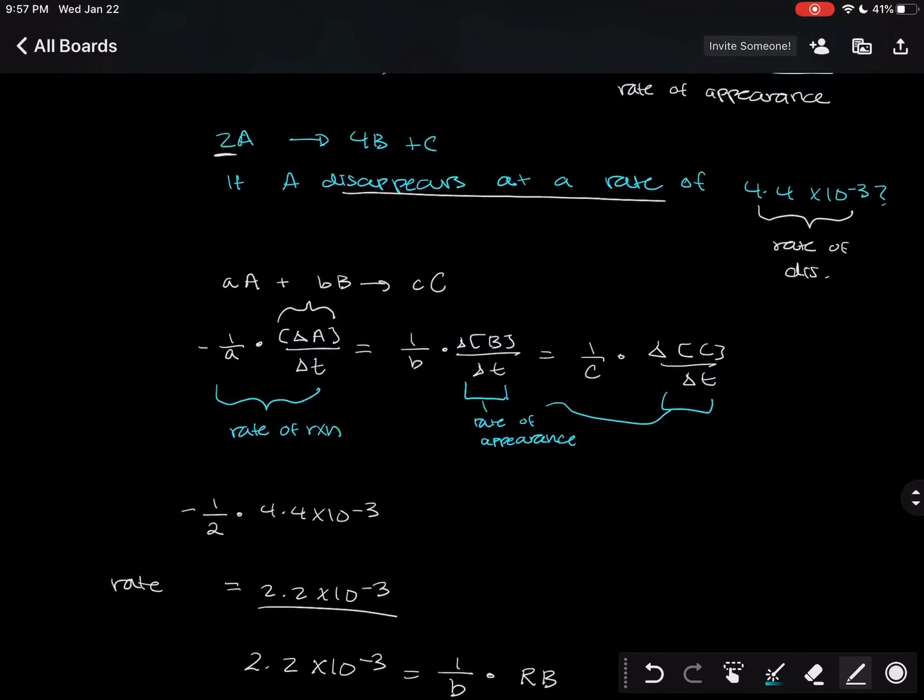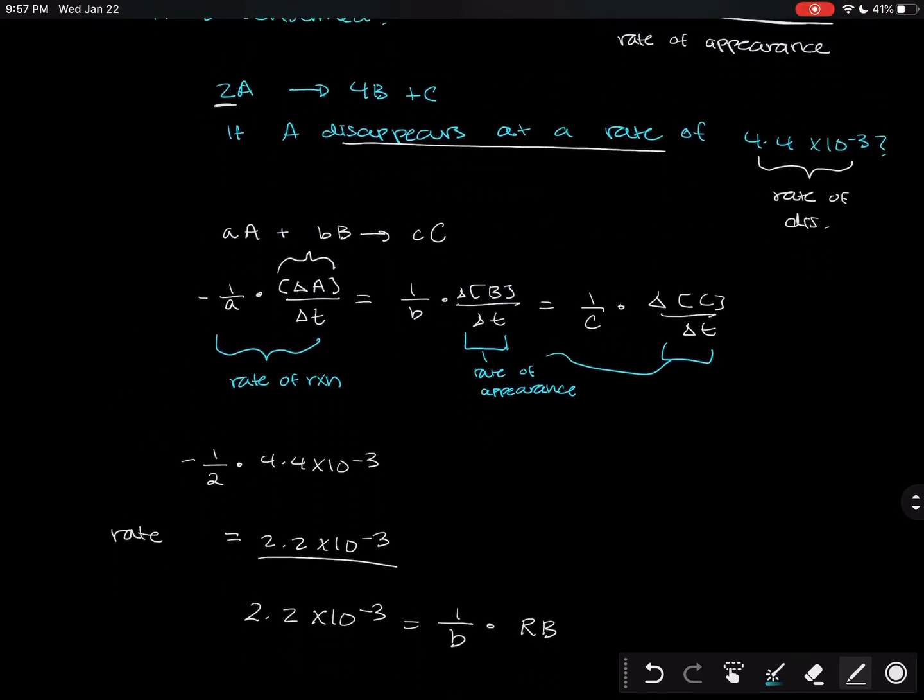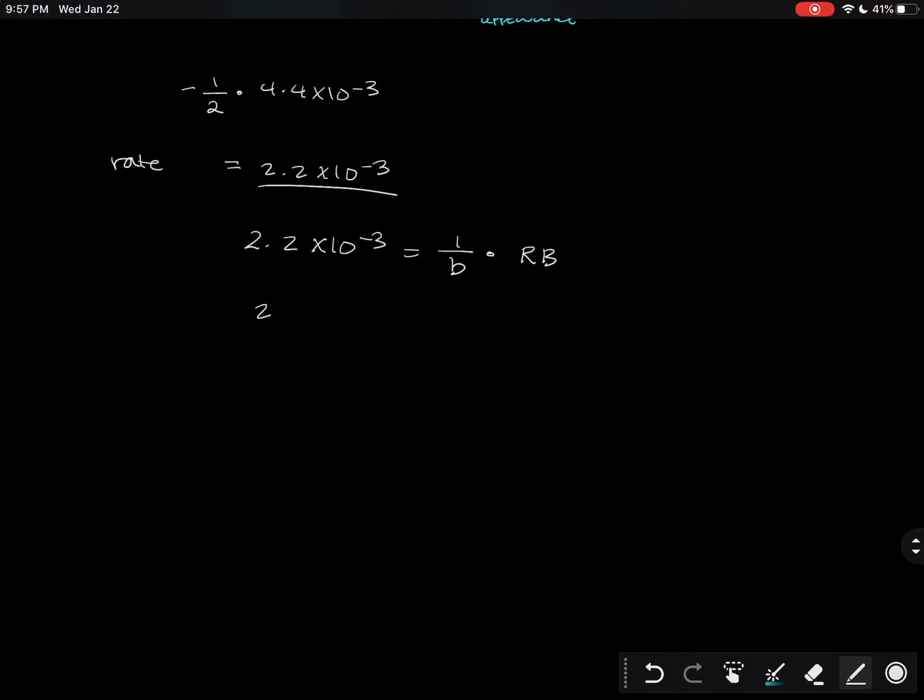So we can scroll back up and see that there's actually a coefficient of 4 in front of B. So we get 2.2 times 10 to the negative third equals 1 over 4 times the rate of appearance of B. So if we multiply that by 4, we'll figure out what that rate of appearance is. And we'll get 8.8 times 10 to the negative third.